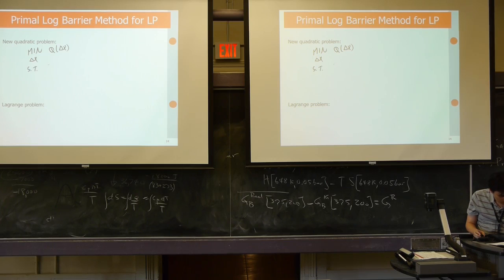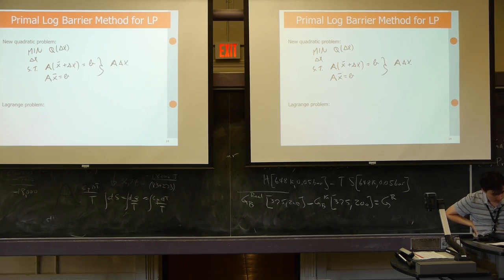We move to this new point from x bar plus delta x, and we have this constraint. And at x bar, we also know that A x bar is b. So from this, it follows that A delta x is 0.